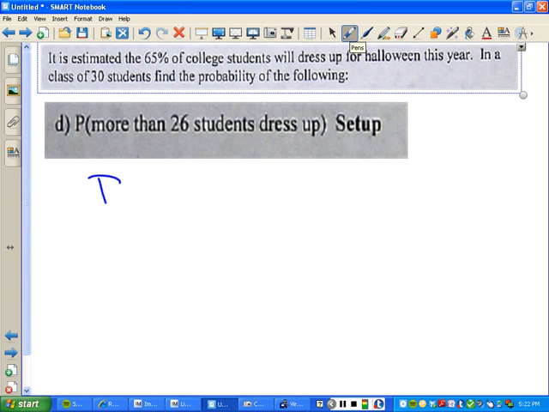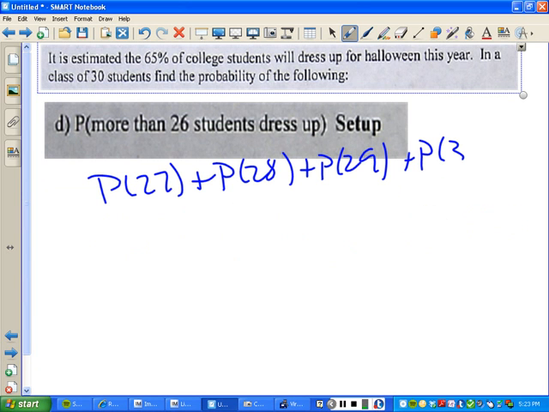So this is the probability of 27 plus the probability of 28 plus the probability of 29 plus the probability of 30. Now again, as we do this, people will say, that's a lot of work for one problem. Well, at least I didn't say more than 15.